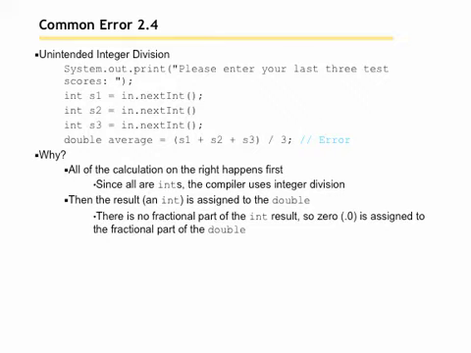Why? We add the three together and then we divide by 3. That should be the average. The problem is because they're all integers and we're dividing by an integer, an int divided by an int results in an int. So the decimal place is going to be 0.0. It's not going to have the result that we expect. Easy fix for this is to use 3.0 rather than 3.